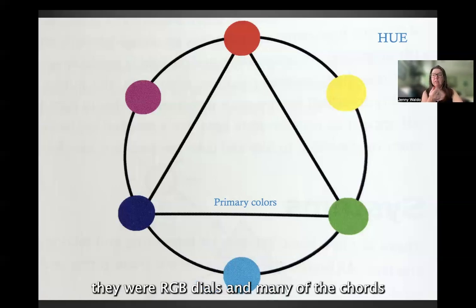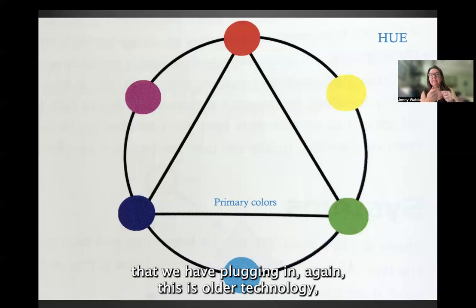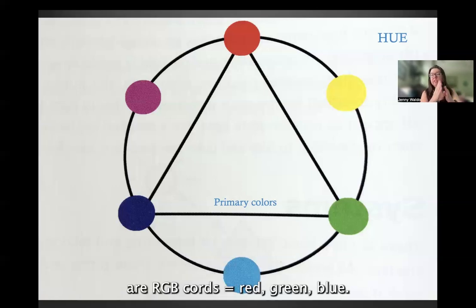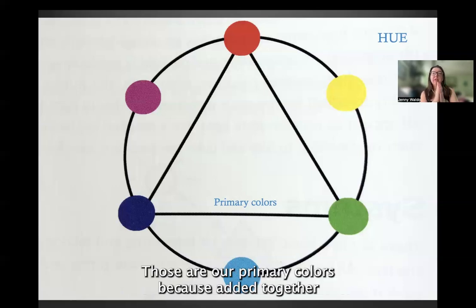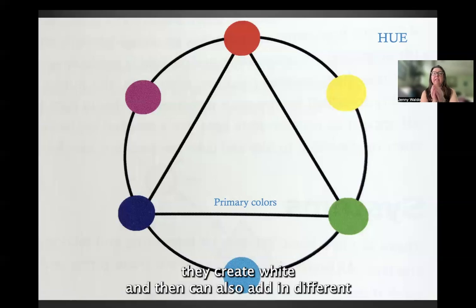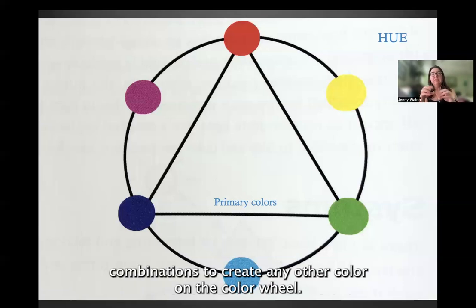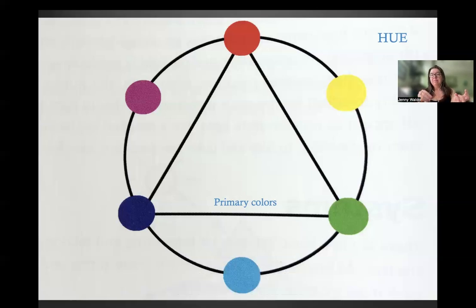And many of the cords that we have plugging in, again, this is kind of older technology, are RGB cords, red, green, blue. Those are our primary colors because they added together create white, and then, added in different combinations, can create any other color on the color wheel.